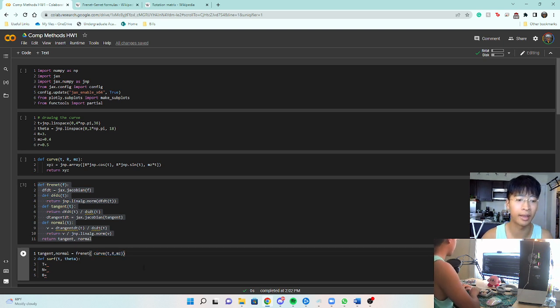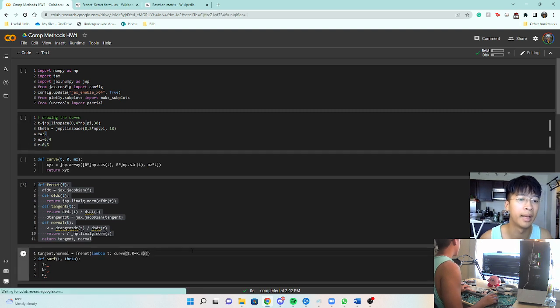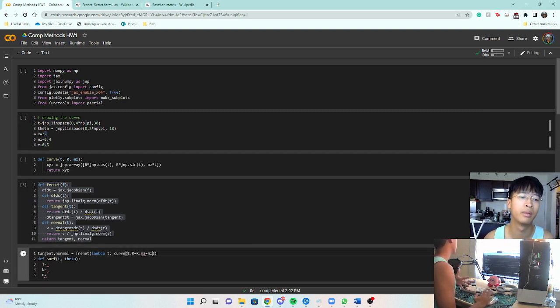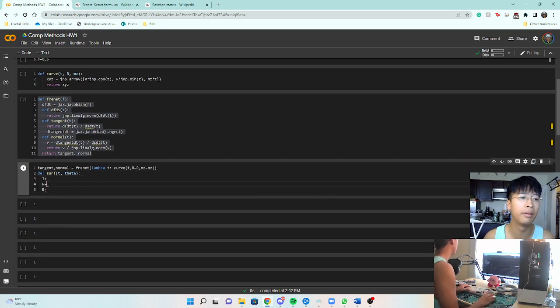So we have to use a lambda function here. Lambda t is our dynamic independent variable, and r remains constant. We have it defined up above. So does mz, the linear rise in altitude. Now we can define our T and B curve.